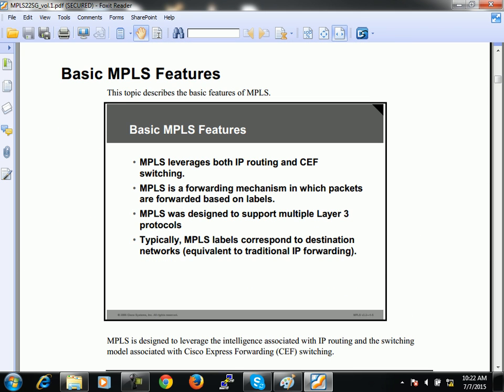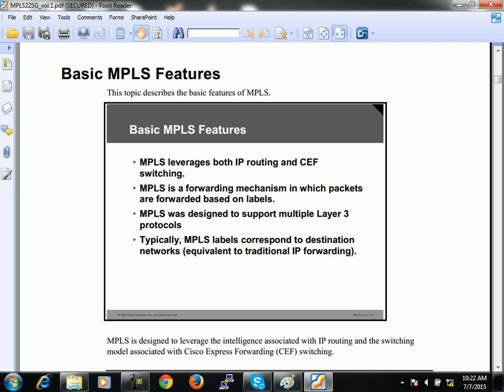Basic MPLS feature: MPLS resides in between IP routing and SAP switching. MPLS is a forwarding mechanism in which packets are forwarded based on labels. It was designed to support multiple layer 3 protocols. Typically, MPLS corresponds to destination networks, equivalent to traditional IP routing.